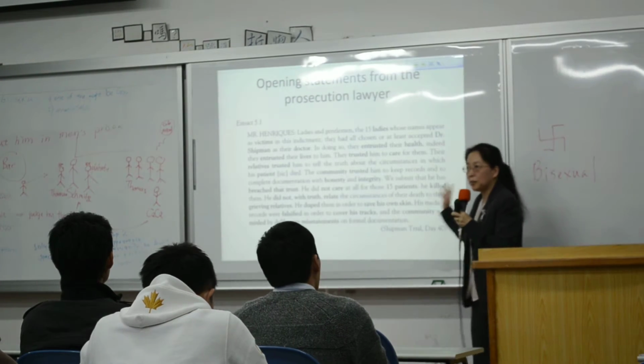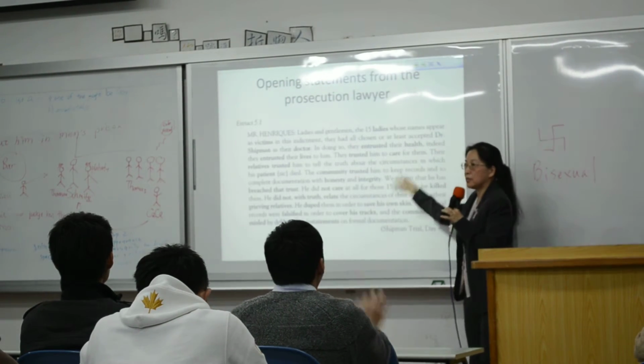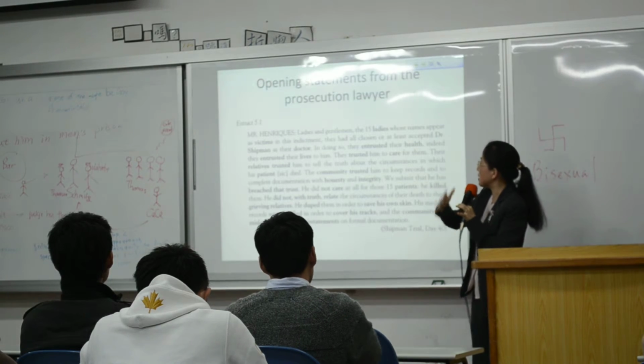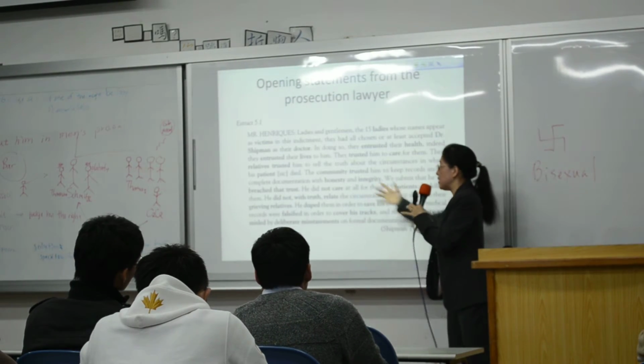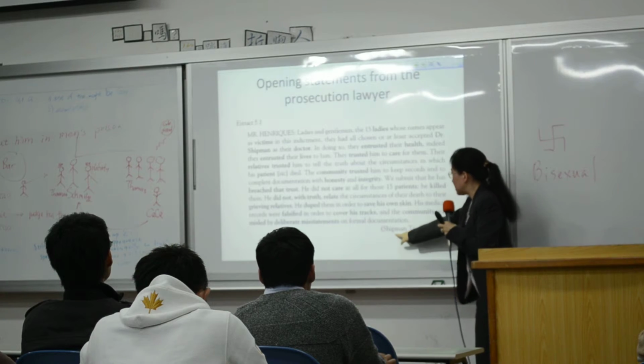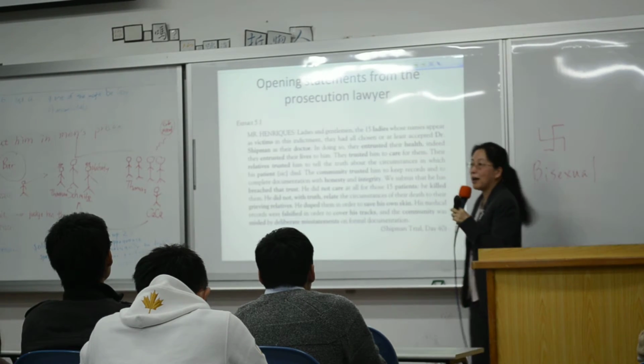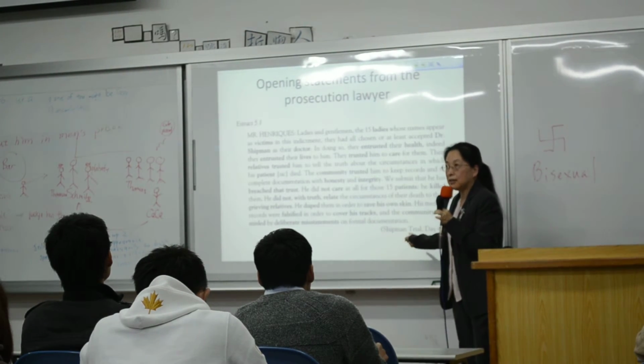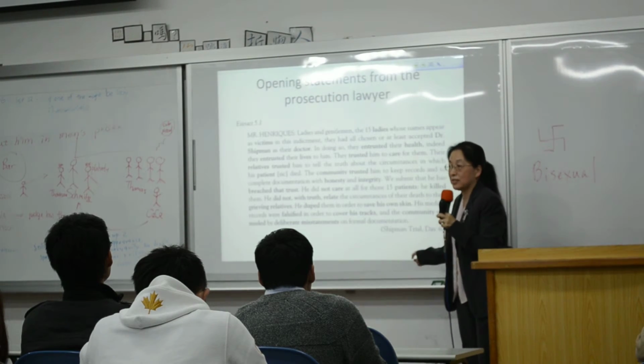Now, here are two examples of the lawyers. One represents the prosecution, the other represents the defense. In the case of the Shipman trial, the doctor who murdered several patients.